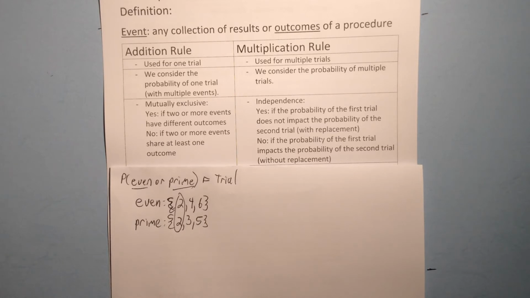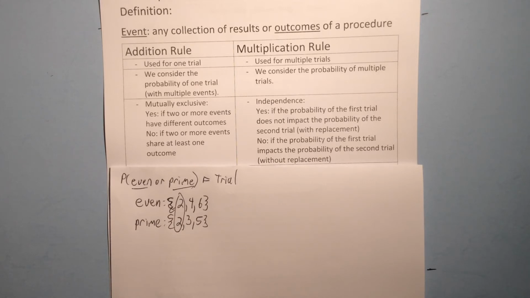So remember that when we're talking about the addition rule, we're talking about one trial. When we talk about the multiplication rule, we are talking about multiple trials. And when we're looking at the multiplication rule and the idea of independence, we are not considering if these trials have the same outcomes.